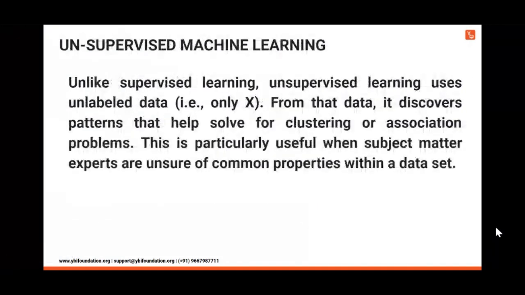Now there is unsupervised machine learning. Unsupervised learning is a domain where we don't have the label or output. We have the features, or unlabeled data. And what is the prime objective? The prime objective is to discover patterns. It's not about predicting something specific.